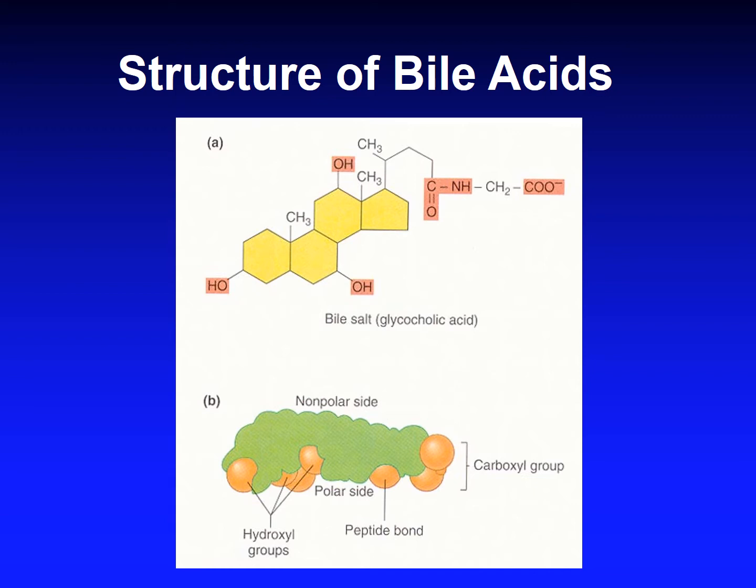So this is how the carboxyl group attaches in the chemical structure of the bile salt at the top. In this case, glycocholic acid is the bile acid, and the bottom one shows where these carboxyl groups are. This is how the carboxyl becomes electrically charged, or attractive and hydrophilic, for the chemical medium. This is how the structure of the bile acid is.